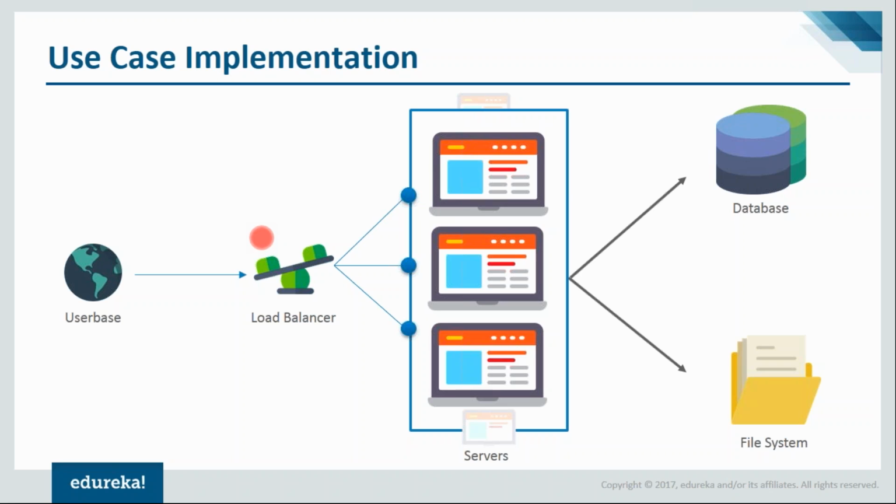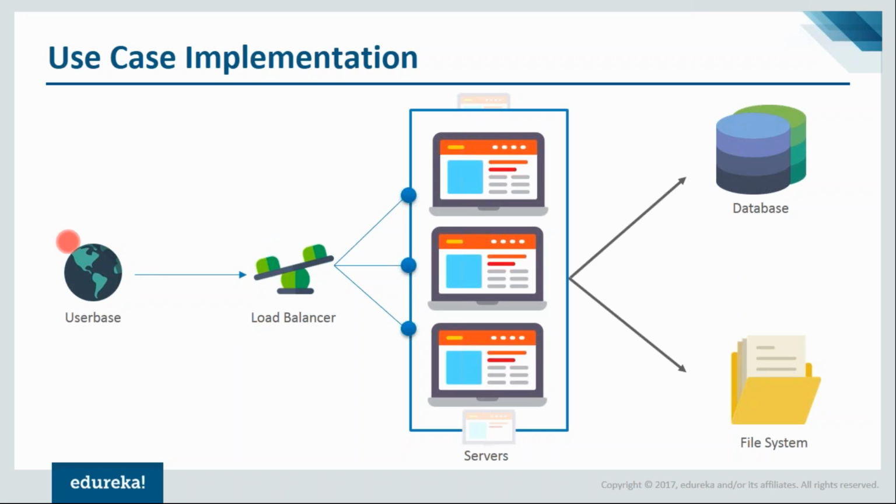So say there are like 5 servers running on your website, and if traffic is coming onto your servers, that traffic will be distributed among those 5 servers by the load balancer. So the job of the load balancer is to distribute the traffic equally among the servers, right? So this is what the load balancer is all about.